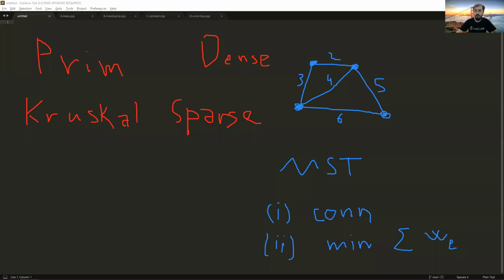So suppose that the MST of a graph contains some edge that we have not taken in the algorithm. So we ignore this edge. Well, how could we ignore this edge?